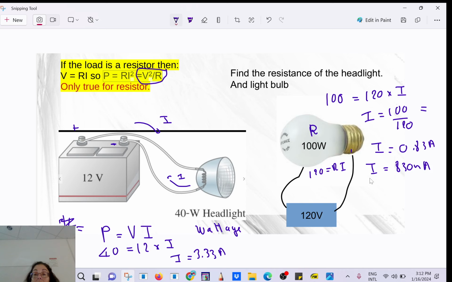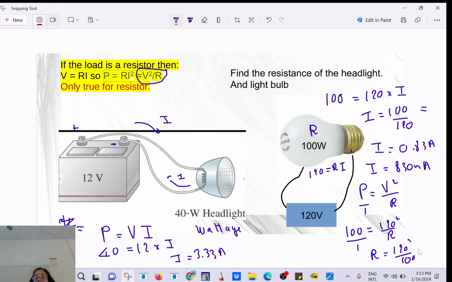You see, power for a resistance is V squared over R. So the power, the wattage, is 100 equals 120 squared over R. And you can find R, right? You cross multiply and then divide. Ohms. Or you can use Ohm's law. You will get the same thing if you have I. Is that clear?